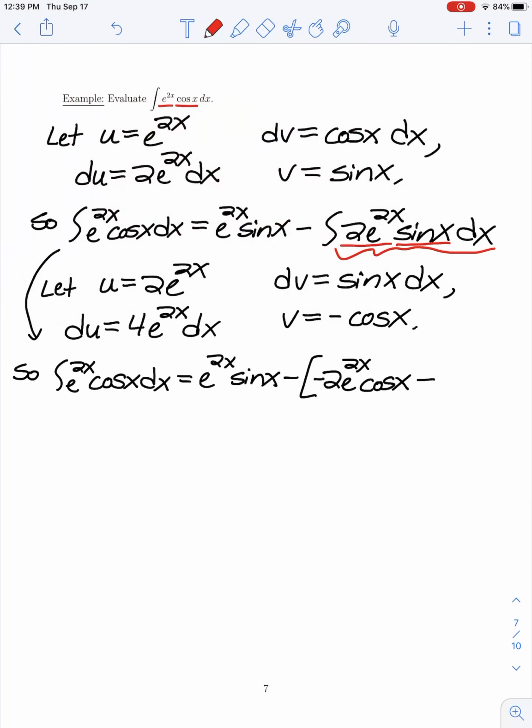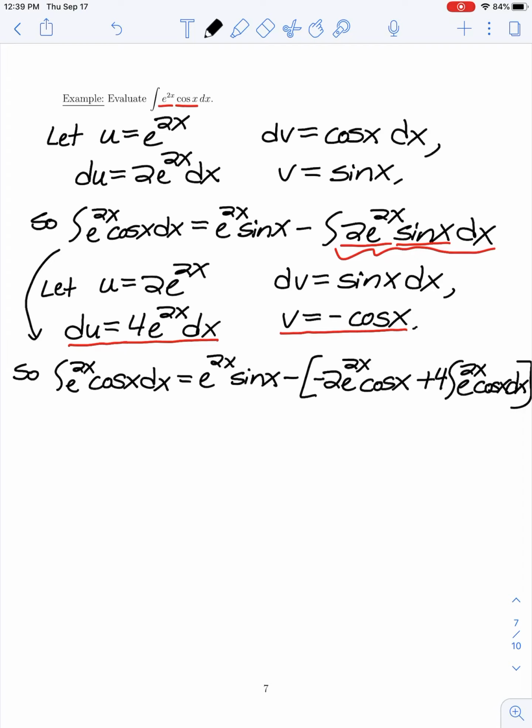Now, v times du would be negative 4 e to the 2x cosine x. But we're subtracting that quantity, or the integral of that quantity, remember. So subtracting the negative 4, we get a plus 4 times the integral of our e to the 2x cosine x dx.